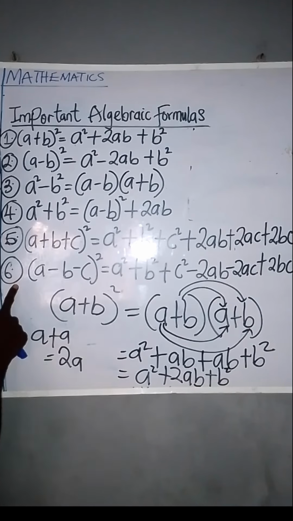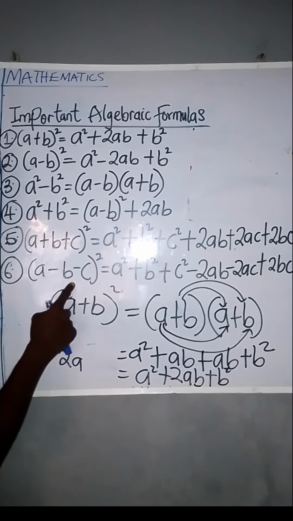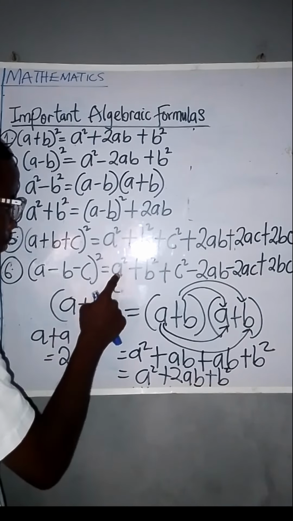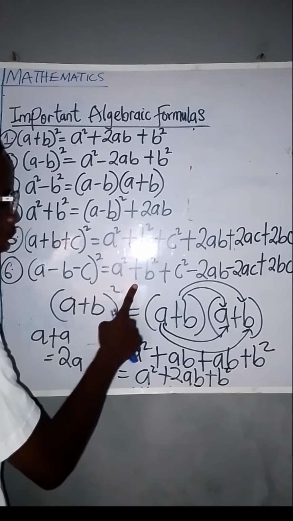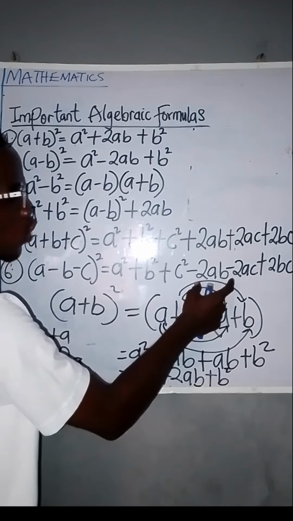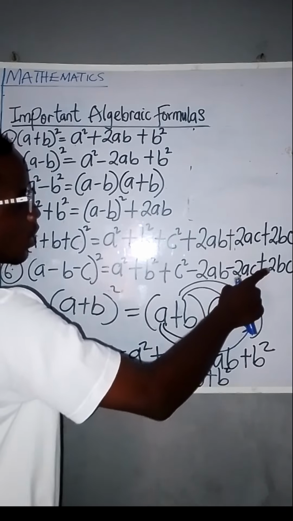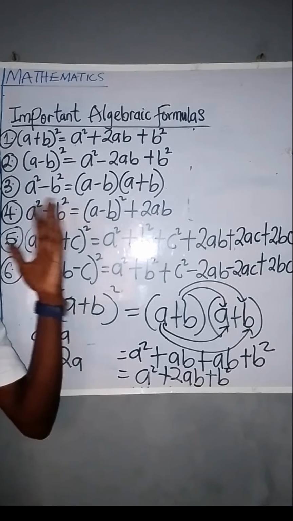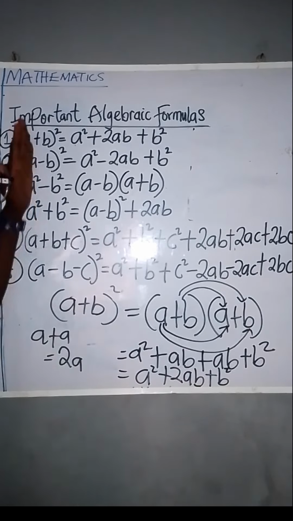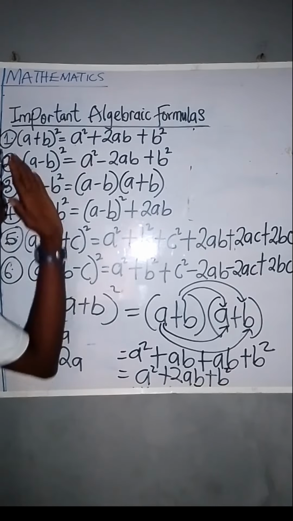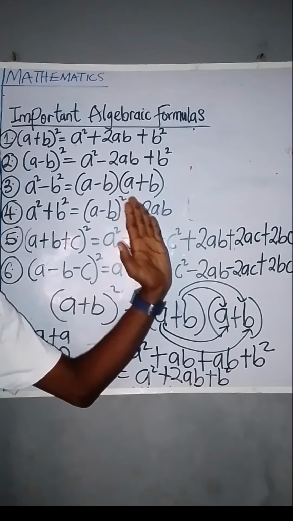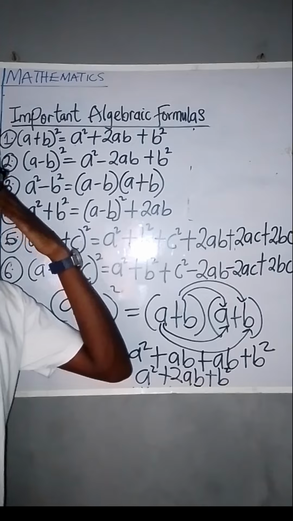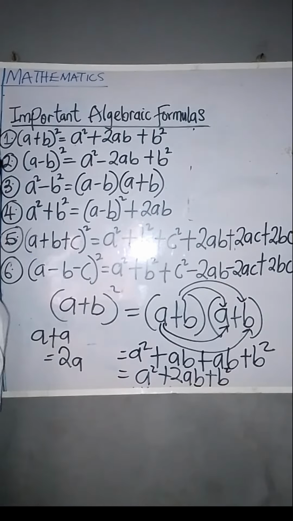Then the sixth algebraic formula says (a minus b minus c) squared is the same thing as a squared plus b squared plus c squared minus 2ab minus 2ac plus 2bc. So these are the 6 algebraic formulas. Whatever is on the left you can also represent with whatever is on the right. Equal to sign means whatever is on the left hand side is the same thing as whatever is on the right hand side.